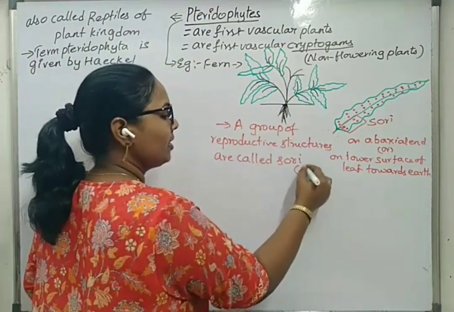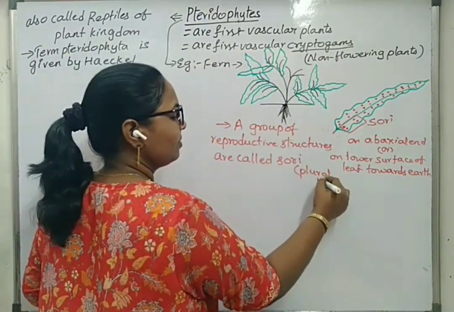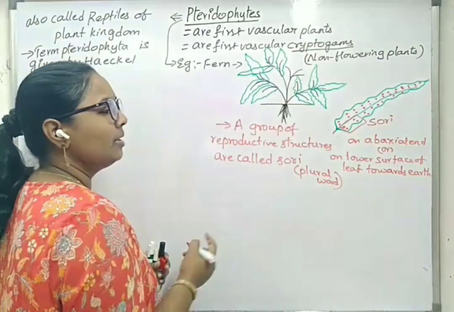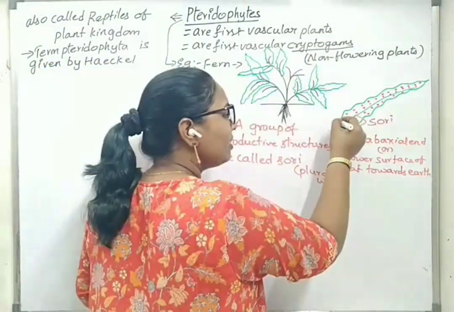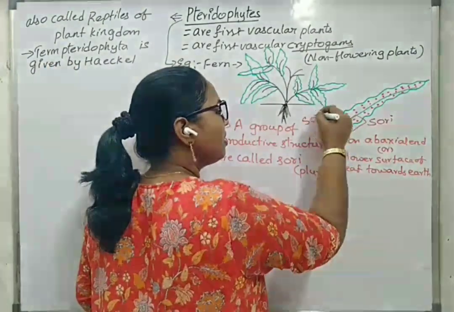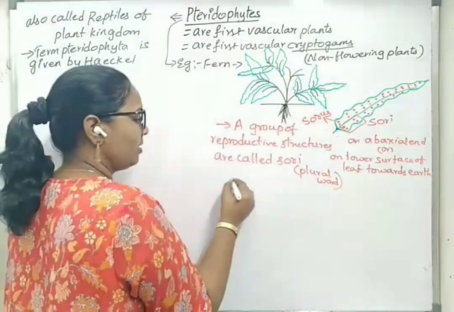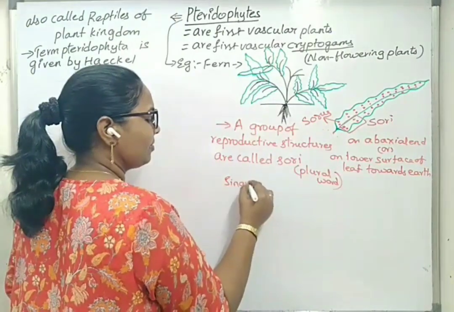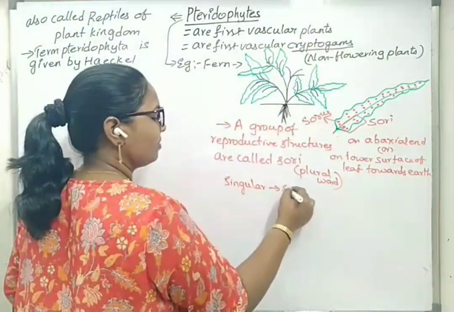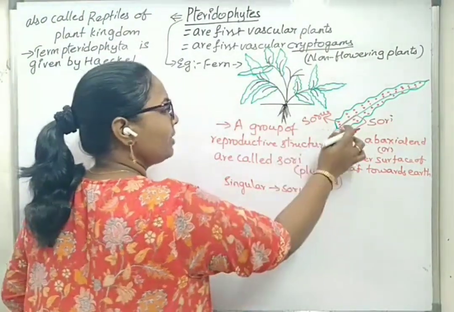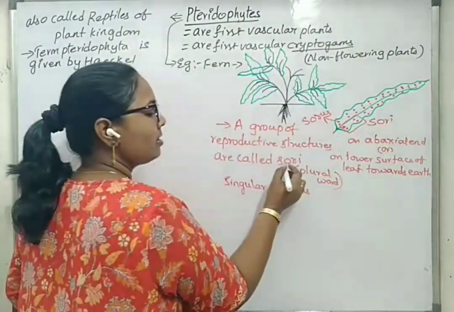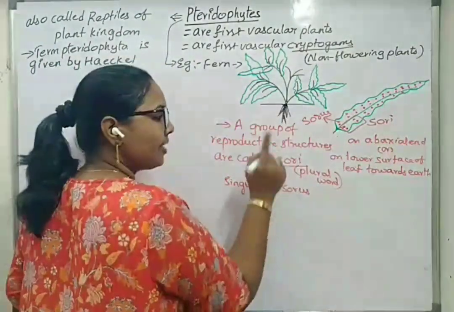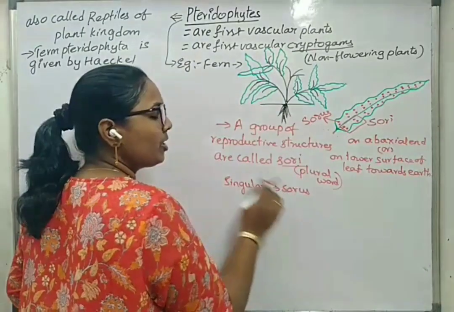Sori is a plural word. Then what about one single one? The singular is sorus. Plural, meaning many in number, is sori, and one singular dot-like structure is called a sorus.